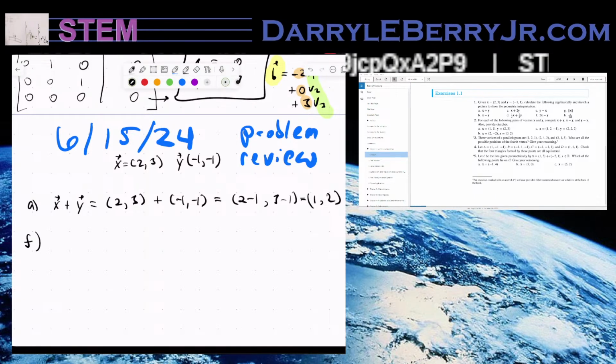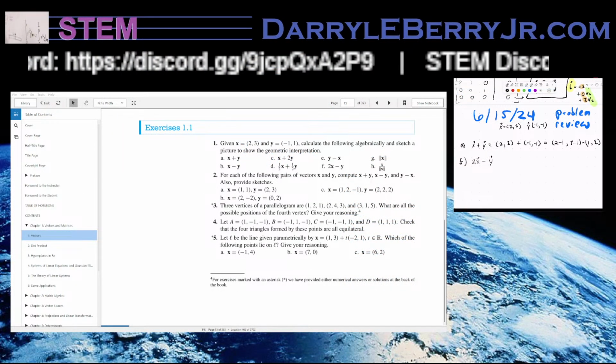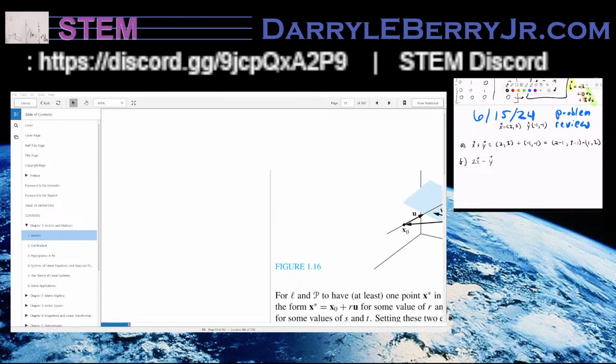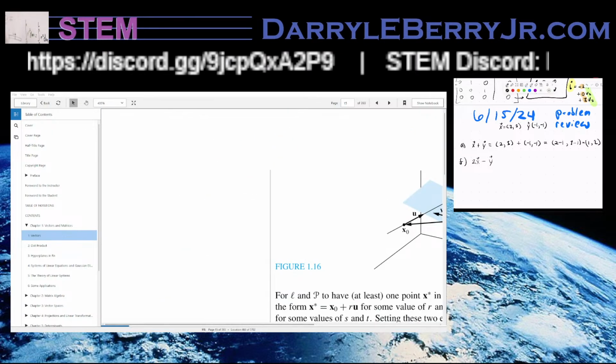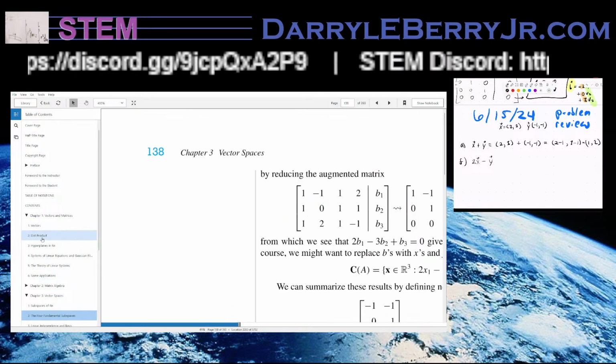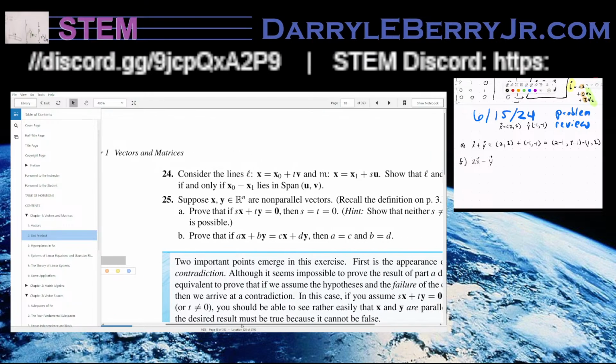So F, we have 2x minus y. And you see the book is not drawing an arrow, but whenever it's bold, the arrow is understood, which I always had an issue with. Let me see if I can center this on the screen a bit better.